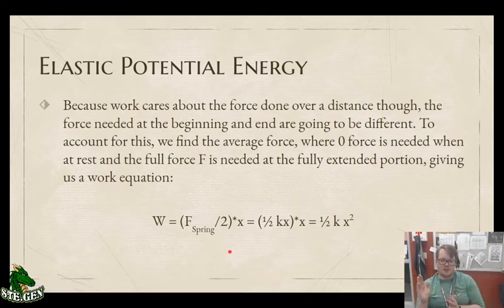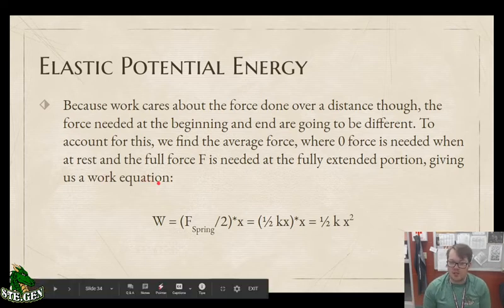Well, initially, the force needed at the very beginning is going to be basically negligible. There's no force. It's at a normal position. You don't need any force to keep it in that position. And then to compress it down, you would ask, what's the force needed to keep it at this position? And the average of those two points will be the average force going along the given path, if you were to average at any specific moment.